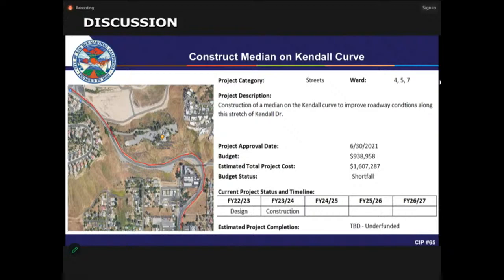When we did the 100% plan and specification and estimate, the project total cost is $1.6 million. So this project is definitely a shortfall. And based on available funding, we'll work with finance in allocating funding from other funding sources. We can move forward with this project once we finalize the funding source.